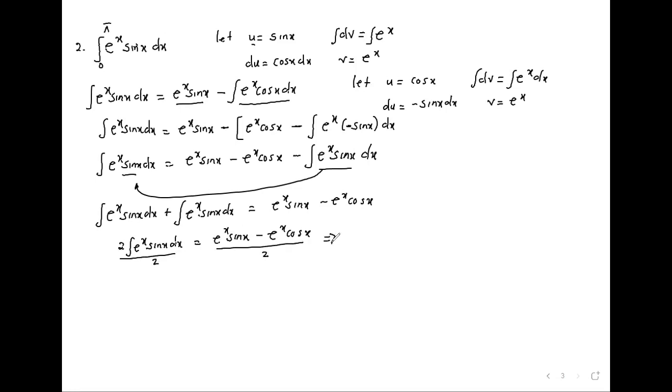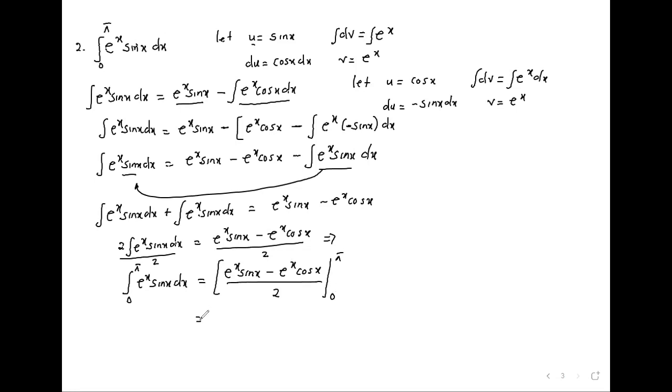So now we have obtained that the integral from 0 to pi of e^x sin x dx is equal to (e^x sin x minus e^x cos x) over 2. We just need the limits from 0 to pi.